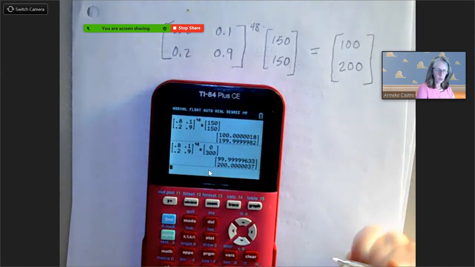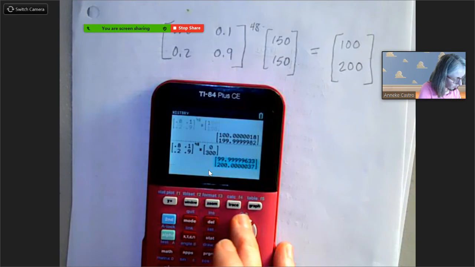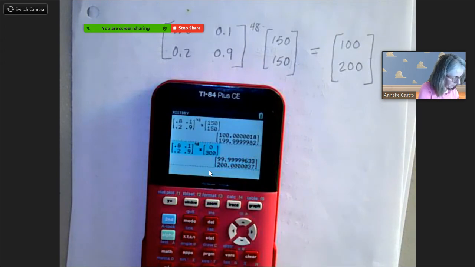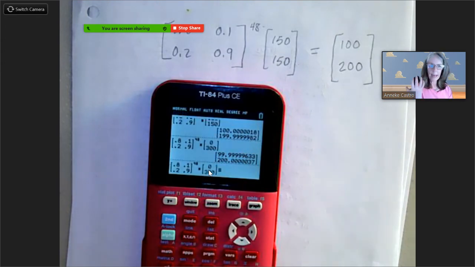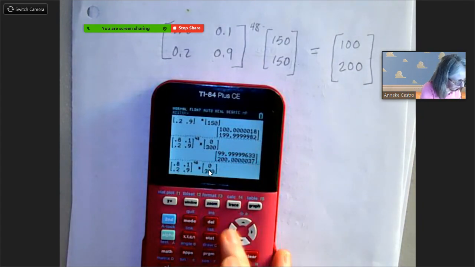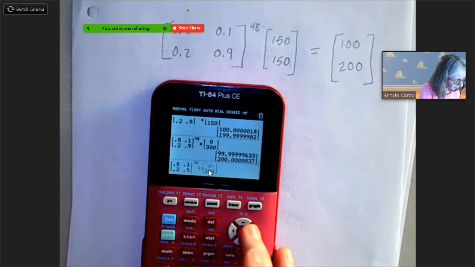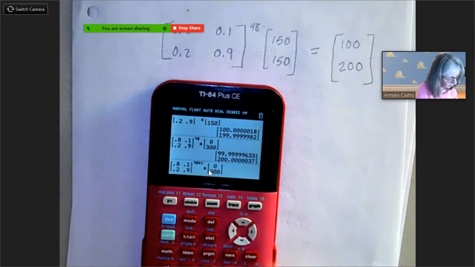Okay, so now back to what I was saying. If I want to let the experiment run for a long time, more than 48 hours, I can change my exponent. Instead of 48 hours, how about 480 hours? We're going to go a really long time.